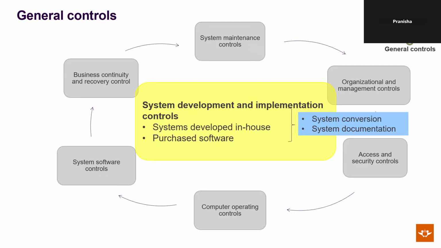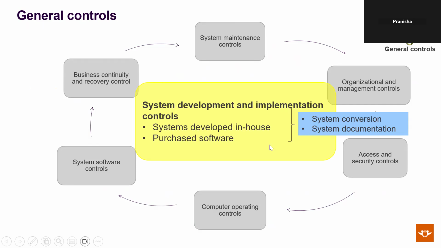So the first one that we'll start with is what we call system development and implementation controls. This, you should look at it as almost an accounting system. For example, some businesses make use of SAP or QuickBooks or Pastel. These are considered to be accounting systems. There are some organizations that build their own in-house accounting system.